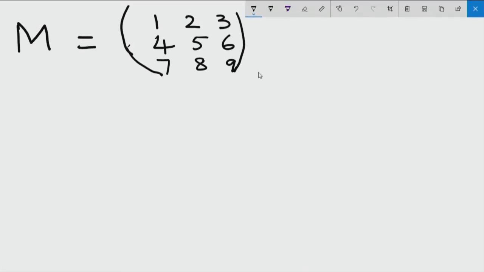Here we have the matrix. Obviously, this is a 3 by 3 matrix. This can be a gram matrix, it may be a gram matrix, it may not be a gram matrix. For the time being, we don't focus on the gram matrix. We are talking about the property of positive definite for any matrix.